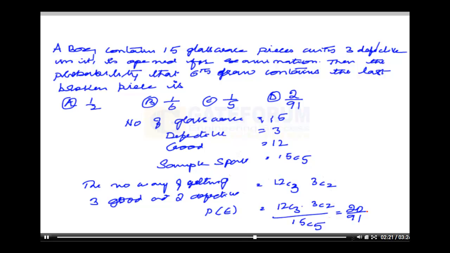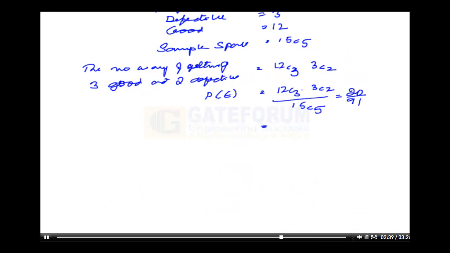After 5 draws, we are left with 10 glass vases which contain only one defective piece. Hence, the probability of getting the defective in the 6th draw is 1 out of 10, that is 1 by 10.